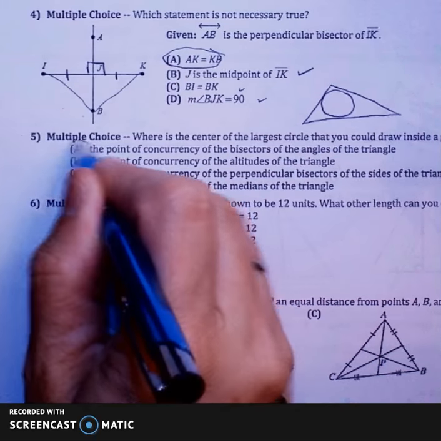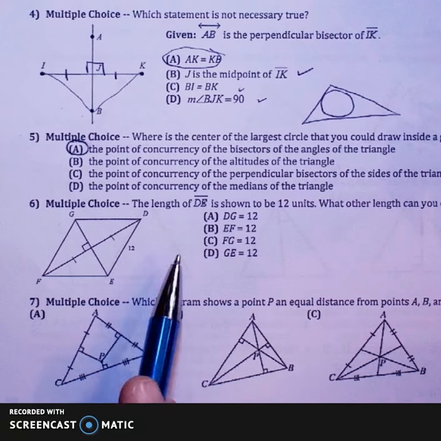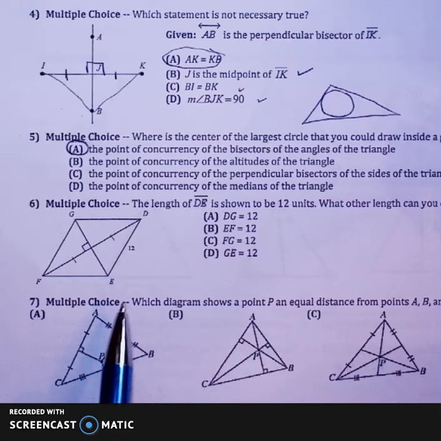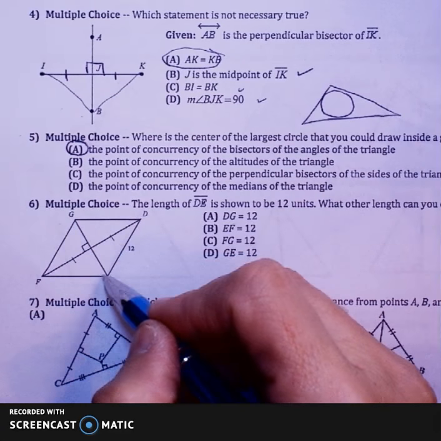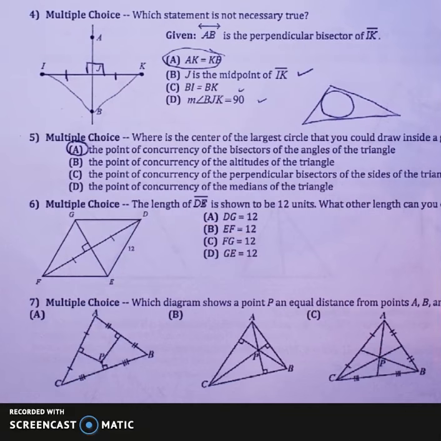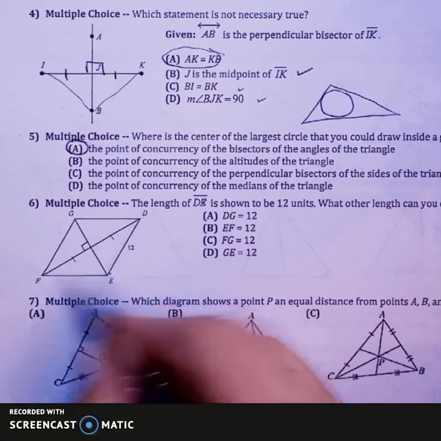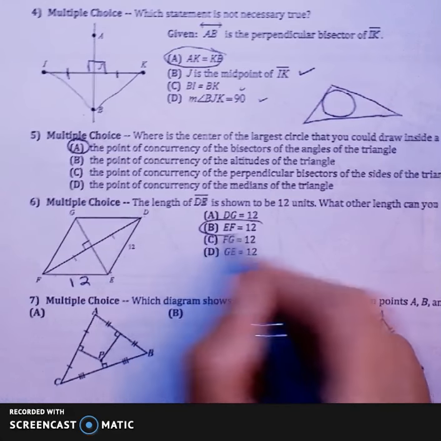So that would be A. Okay, moving on to number 6. 6 says the length of DE is shown to be 12 units. What other length can you determine from this diagram? If you take a look, this segment is the perpendicular bisector. So that means this point is the same distance from both of those, which means that EF is equal to 12.